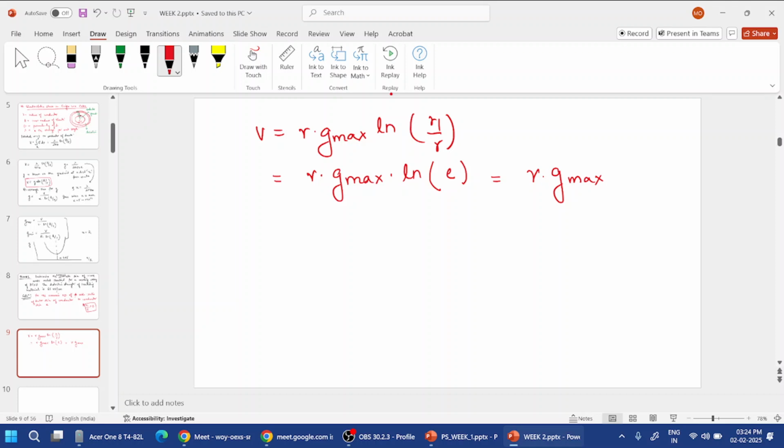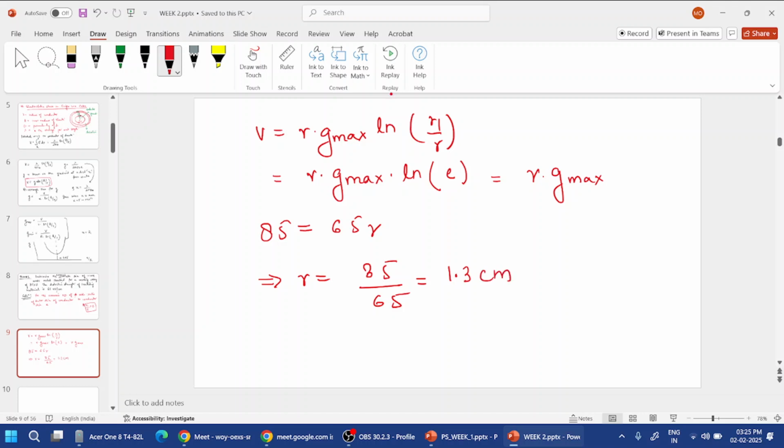But the working voltage here is 85, which is equal to G max, the dielectric strength of the insulating material, which is 65, times R. If we solve it for R, it will come out 85 upon 65, which is around 1.3 centimeter.